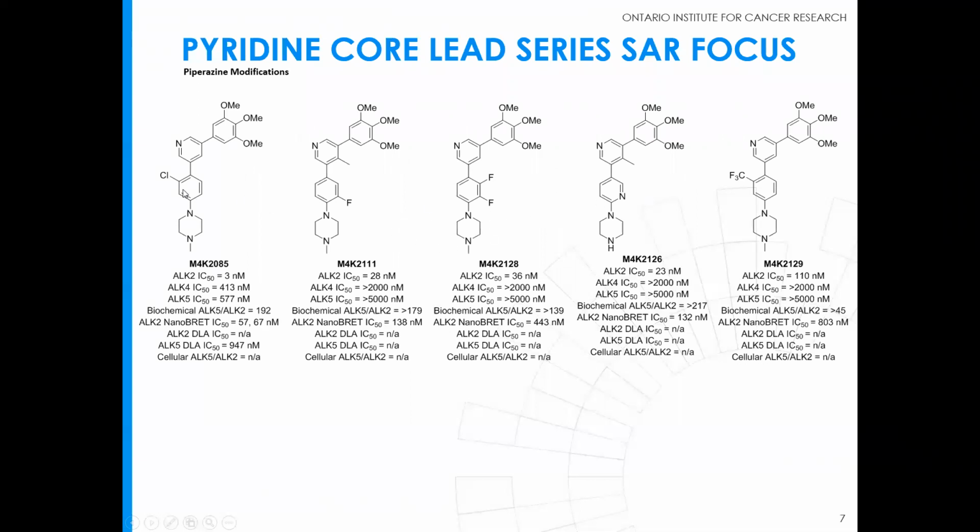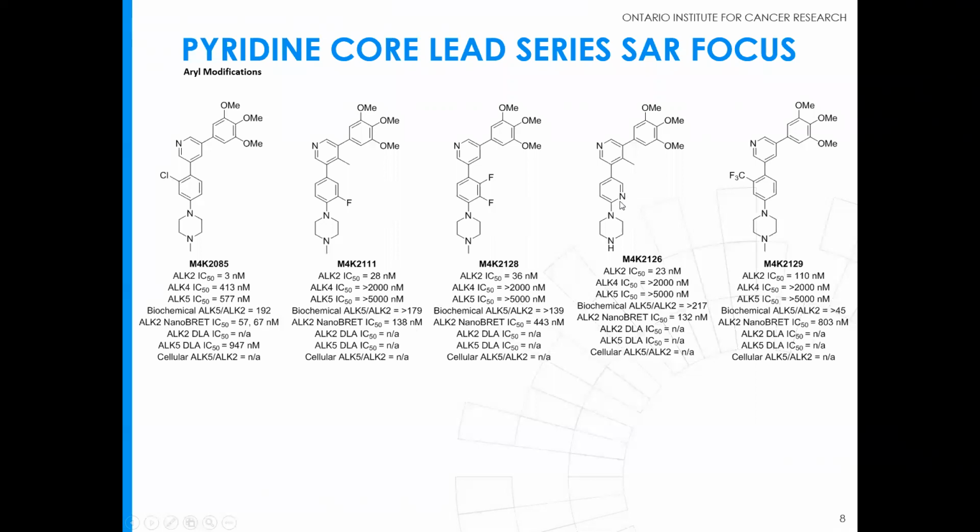Just a quick note on substitutions around this central aryl ring. The take-home message is that so far they've all been detrimental, if not in the biochemical assay, then somewhat in the cell-based assay, with the exception of the ortho-chloro substituent. And now, as Sue mentioned, there might be potential to shift this nitrogen to this ortho position here.